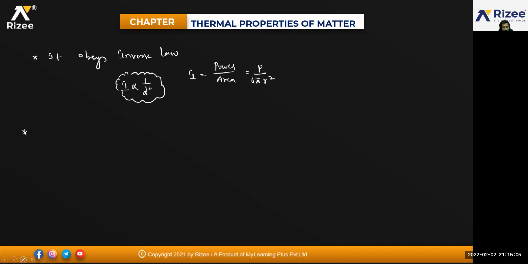The next one, a very important theorem called Prevost's theory of heat exchange. Now see, if you want to measure radiations, you can measure them by a bolometer.